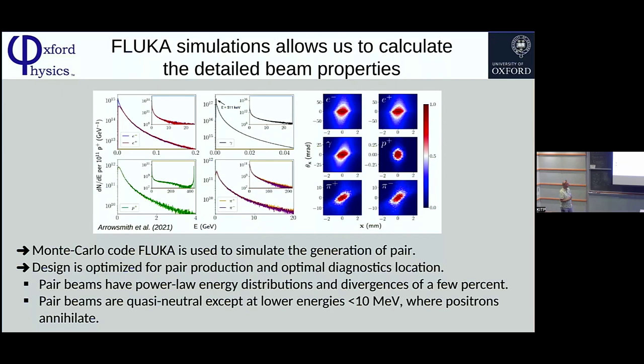So these were the predictions for our experiments. These are the electron and positron distributions. We have a power law distribution with energies up to a few hundred MeV, and you see that the number of electrons and positrons in the prediction is very similar.